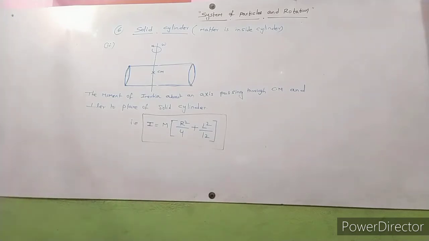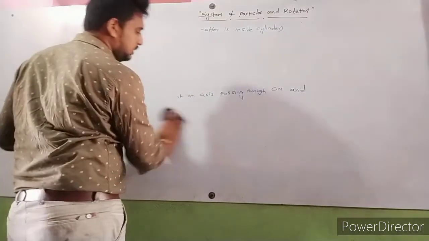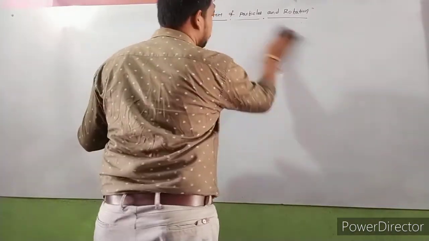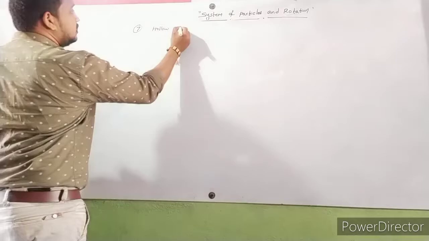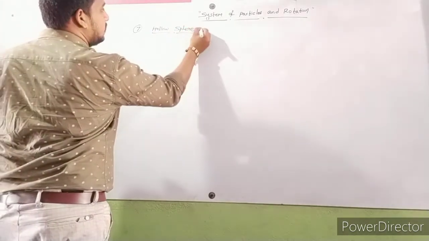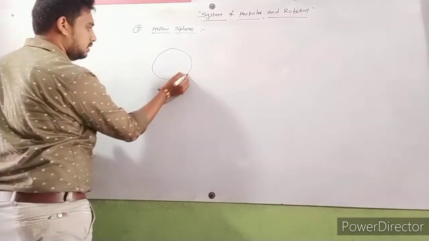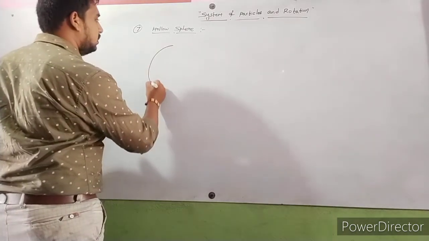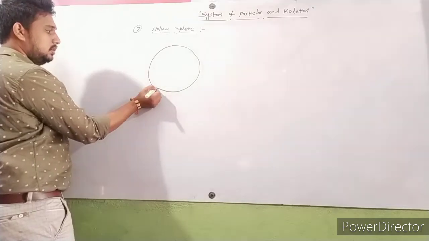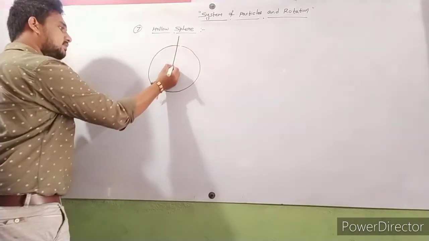Next, hollow sphere. Seventh one is hollow sphere. For this hollow sphere, this is very important.